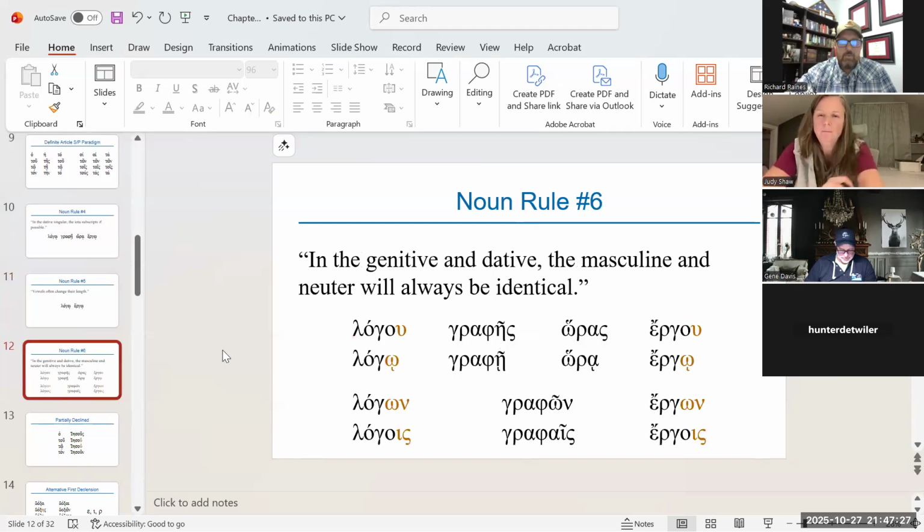And then this fifth rule, that in the genitive and the dative, the masculine and the neuter are the same. So when you're memorizing the genitive and the dative, you're not having to memorize extra because the masculine and the neuter are always the same. Okay.